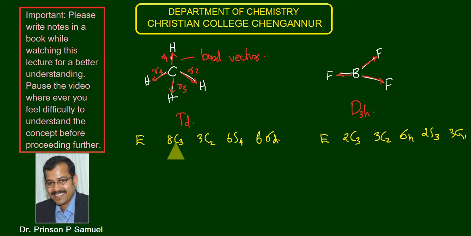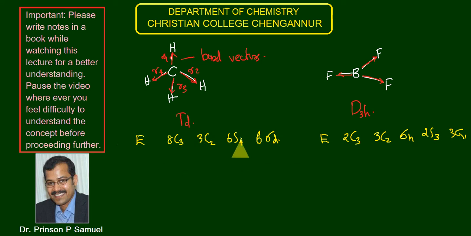What we are going to do is perform each of these operations on these molecules, and then we will see how these bond vectors transform when we perform these operations. For example, when we perform the E operation, nothing will happen to the bond vectors. The bond vectors will retain their position, right? But this is not the case for other operations, and we will see that in detail, and then we will make the matrices corresponding to each transformation.